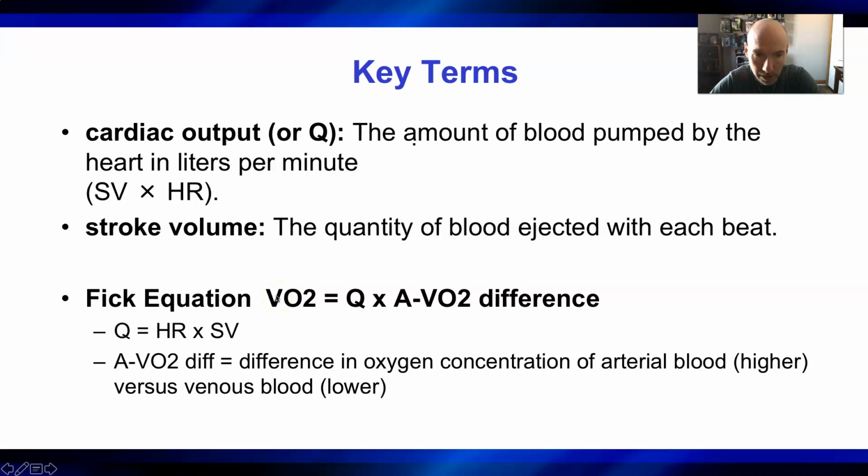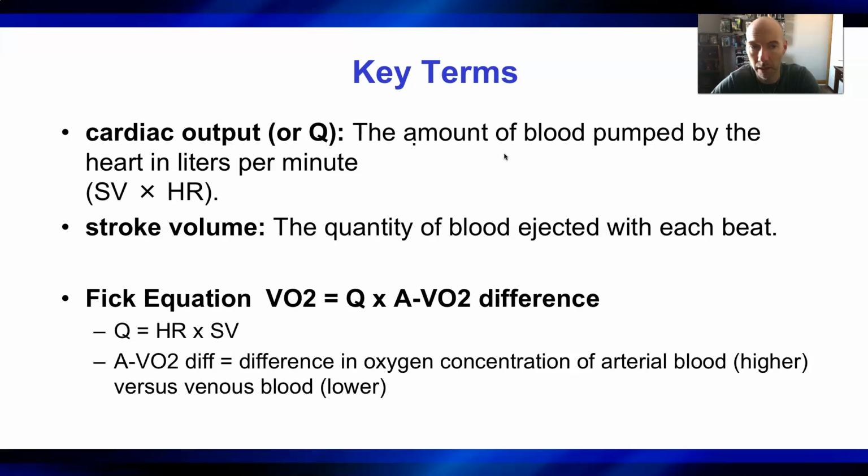VO2, so oxygen consumption, or you could also look at it as energy expenditure, is equal to Q, and Q stands for cardiac output. What that means is the amount of blood pumped by the heart per minute, and that is usually measured in liters per minute or milliliters per minute.